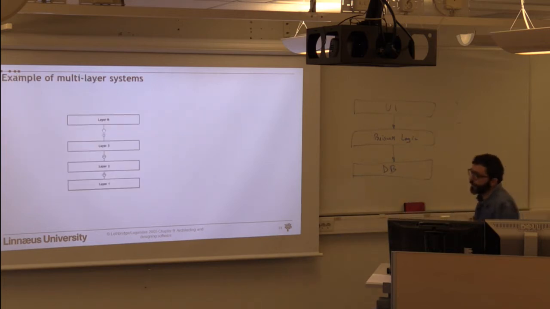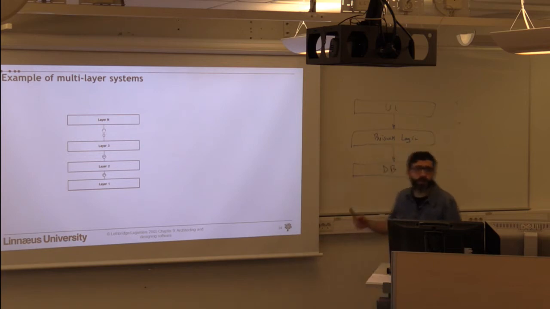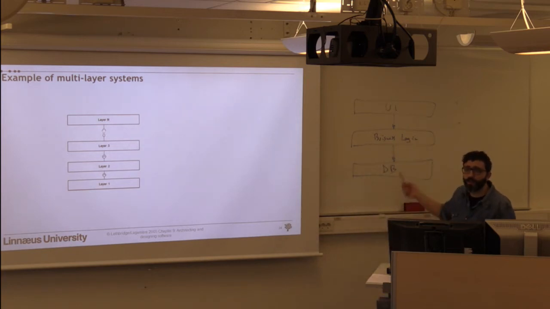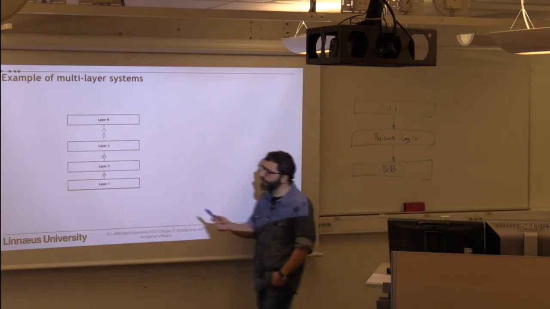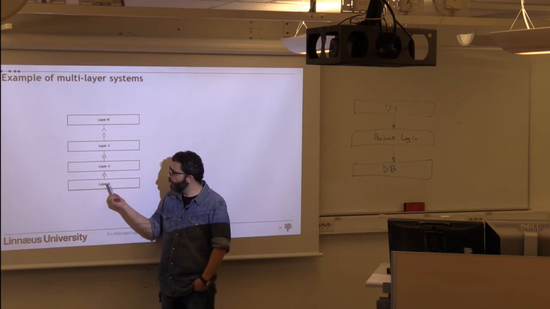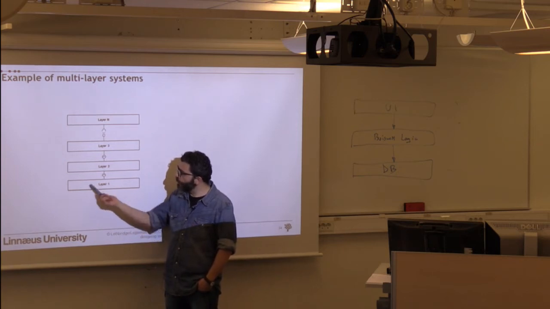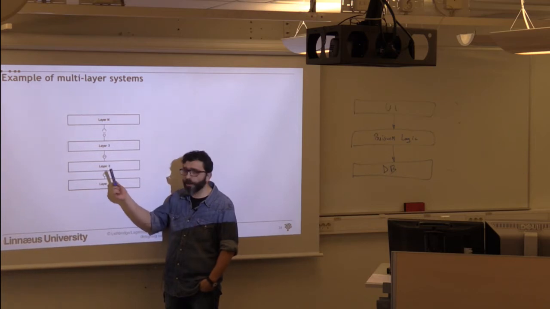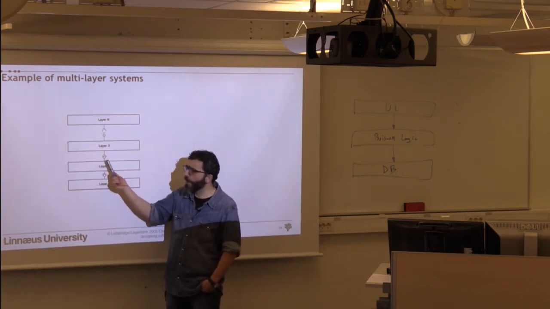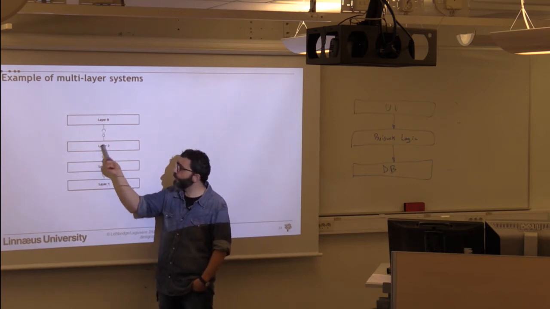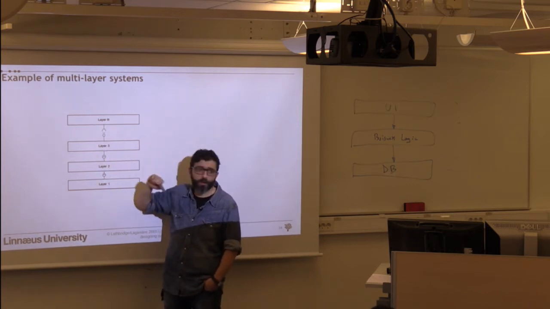Of course, this is a three-tier, but you can have as many layers as you want. The important thing is that bottom layers provide an interface which is exploited by the layer above, which then provides a new interface exploited by the layer above, and so on and so forth.